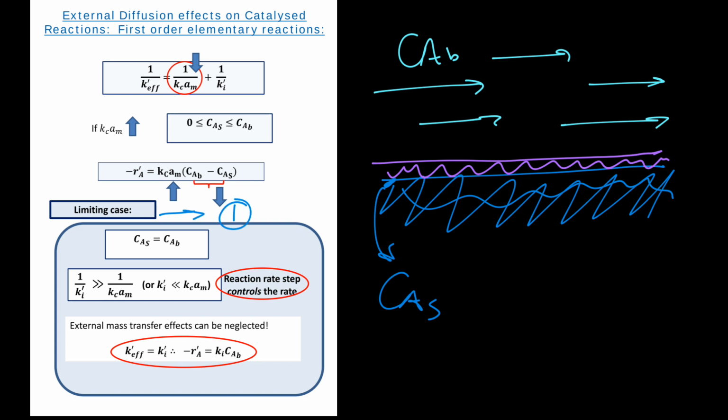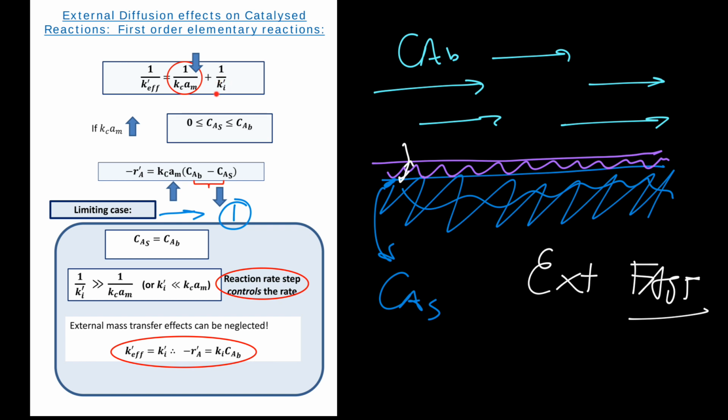And that is the scenario where the transport through this boundary layer is very fast. So external diffusion is a very fast process. And when is it fast or when is it slow? I know I'm going to get that question. Of course, that all depends on the relative size of your Ki dash versus KCAM.